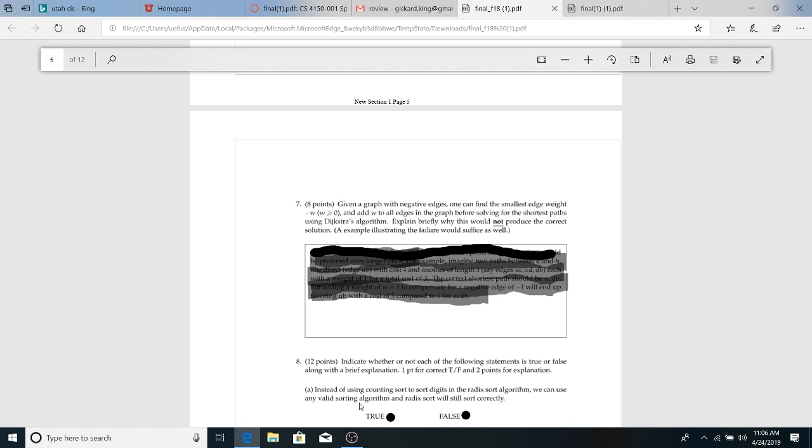So this could be really bad. Let's think about, say, you have 152, 53, and 80, right? So first you sort on the first digit, so you'll have 80, 1, 52, 53, right?